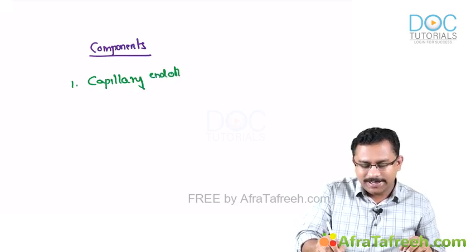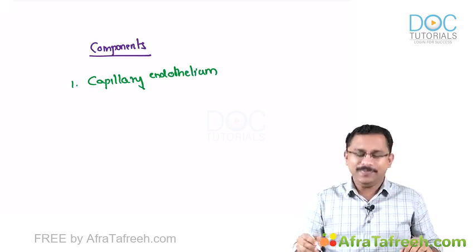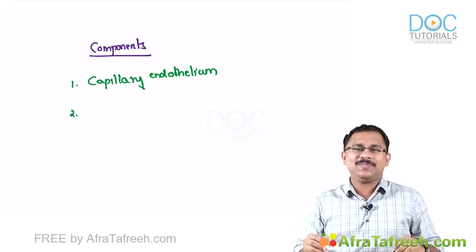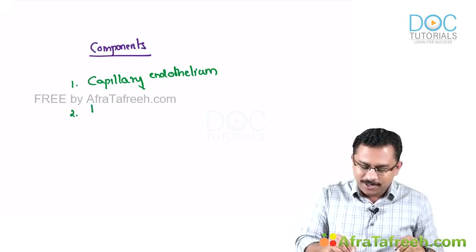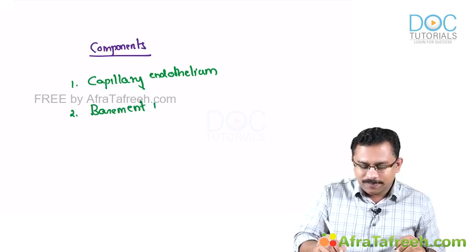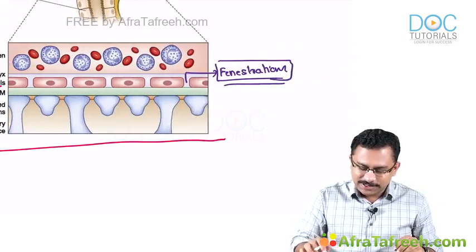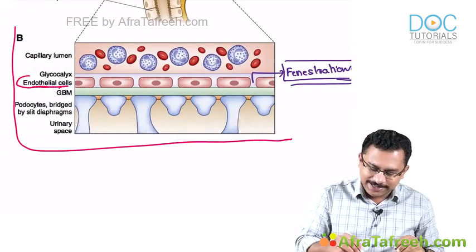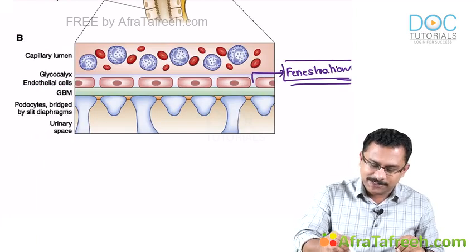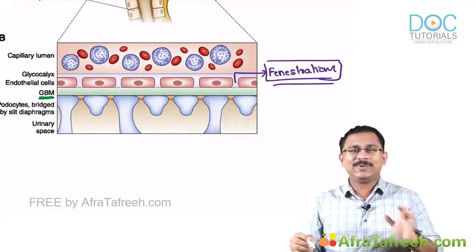It is the layer which contains certain fenestrations as well. And second, after the capillary endothelium, you have the glomerular basement membrane, which you can see here highlighted in green. Yes, the GBM. So that also is very clear.